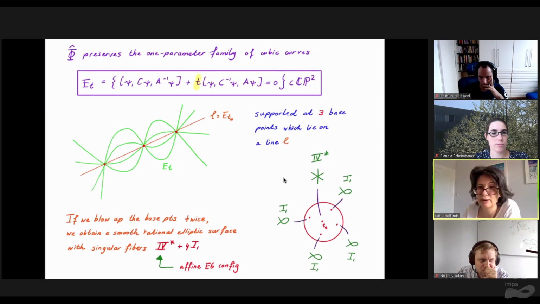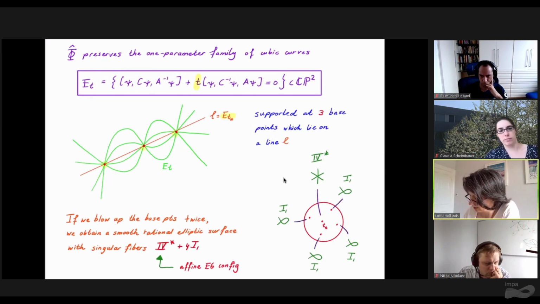This one parameter family of cubic curves is actually supported at 3 base points, which lie on a line, which is equal to one of these elements in this family for a particular value of t.